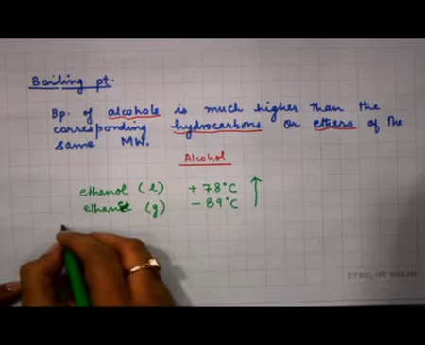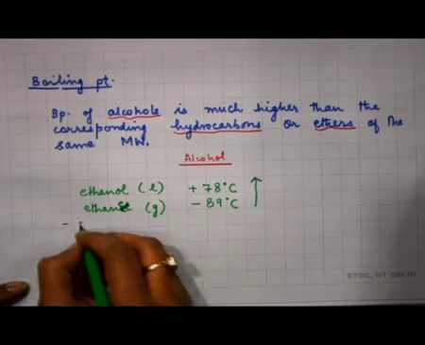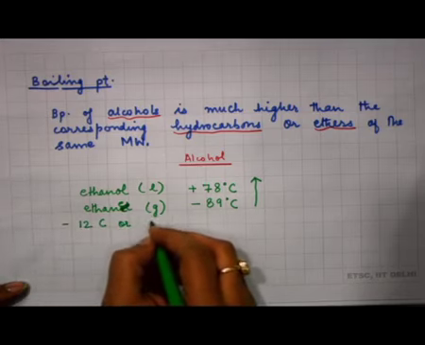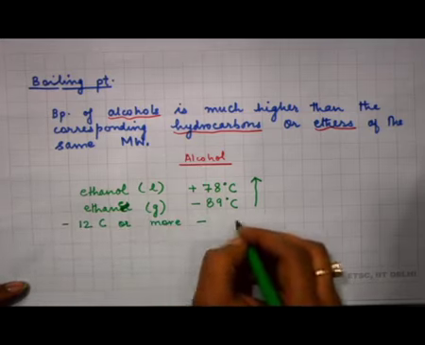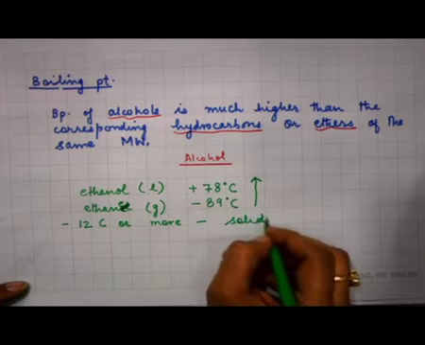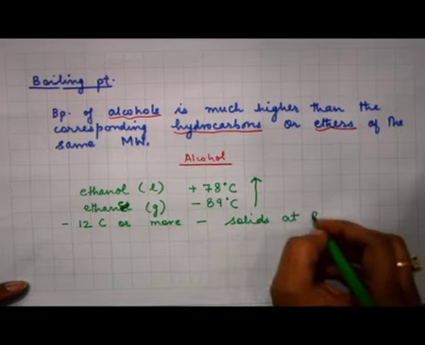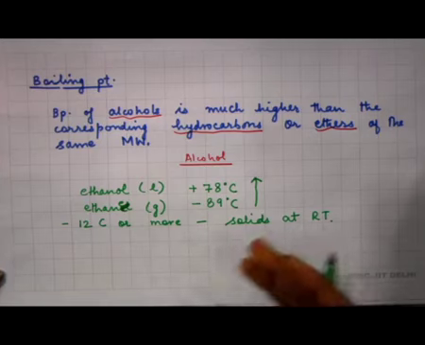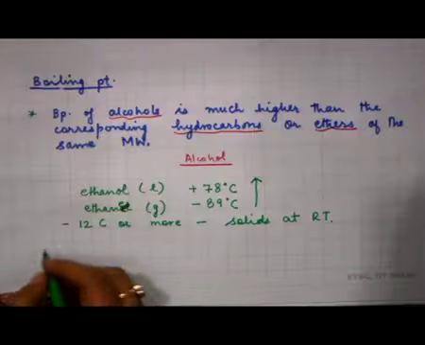Also, we see that alcohols which are 12 carbons or more exist as solids at room temperature. So, not only can they exist as a liquid, the additional interactions make them exist as solids at room temperature.